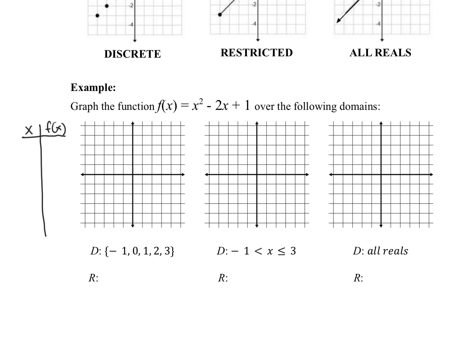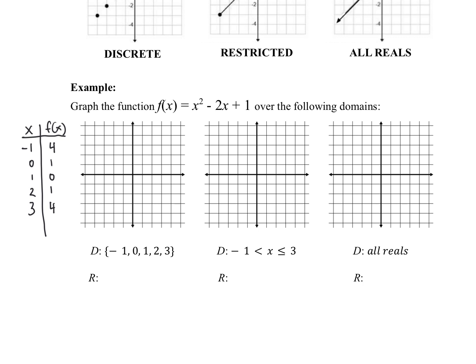They're just listing out the domain values. So that would be -1, 0, 1, 2, 3. I can go to the calculator and use the table function to get the corresponding outputs. So this is going to be 4, 1, 0, 1, and 4. It's the same table all the way across, and I'll show you why in a moment, but let's just go ahead and graph this.